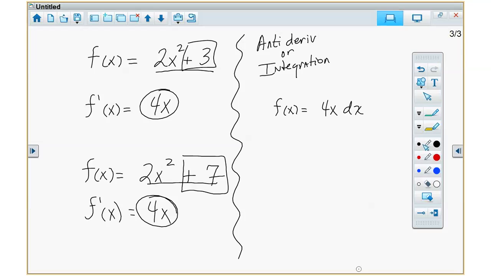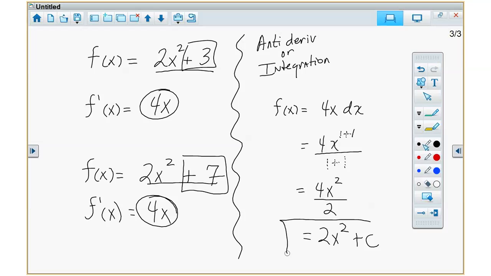The antiderivative of 4x is going to be 4x, and then what do I add? There's 1 right there. I add another 1, and then on the bottom, I put 1 plus 1. So now I get 4x to the second power over 2, which is equal to 2x squared plus C.